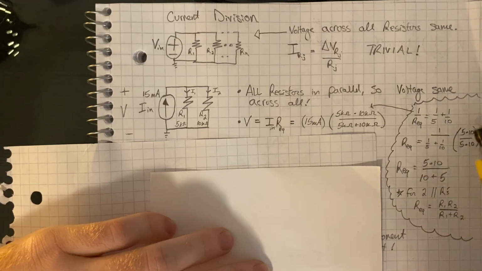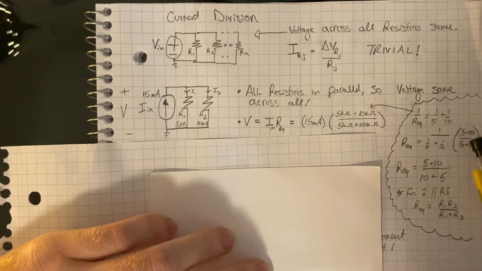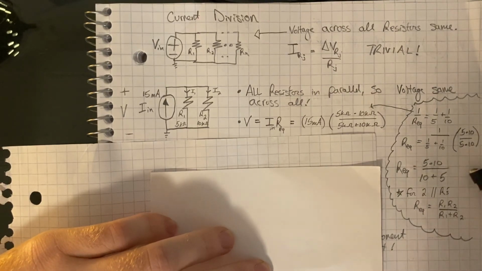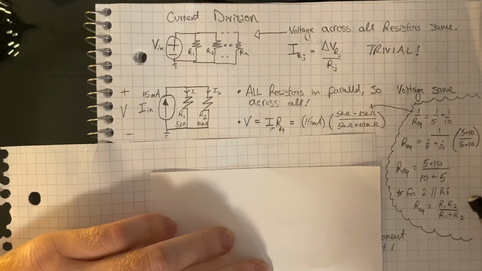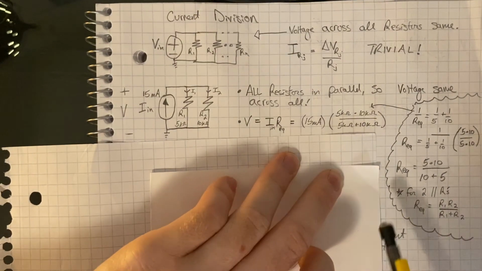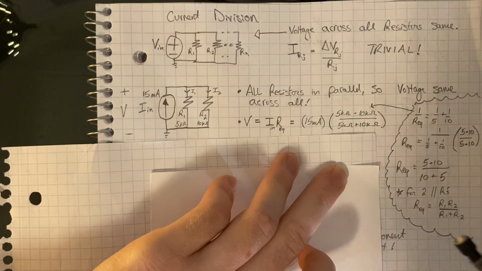And we'll multiply the right-hand side by 1, which is 5 times 10 over 5 times 10 equals 1. But if we strategically distribute this 5 times 10 to the numerator here, and this 5 times 10 to the denominator here, we see that we have a cool formula here where the equivalent resistance of two parallel resistors is just the product over their sum. So we'll use that here.